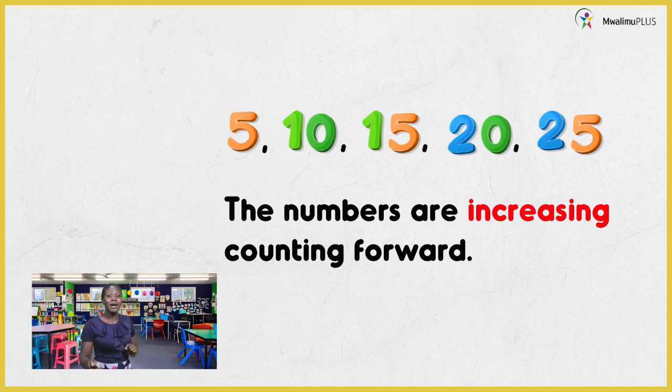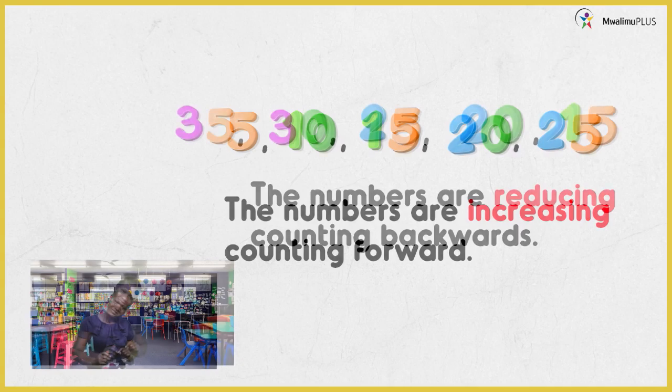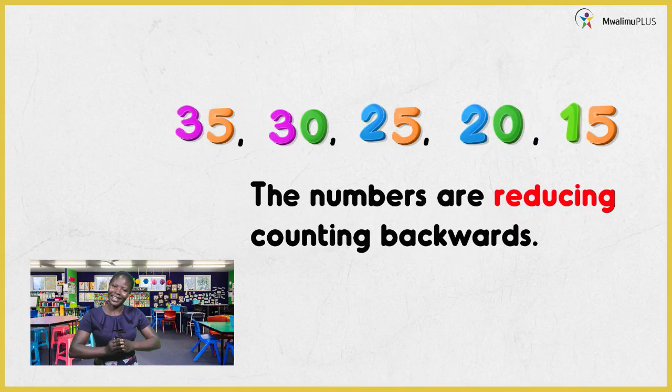What about counting backwards? Check the numbers. Wow! Here we have other different digits, but they look the same. But here, please be keen and observe. The numbers we have 35, 30, 25, 20, 15. These numbers are reducing from the highest to the lowest.